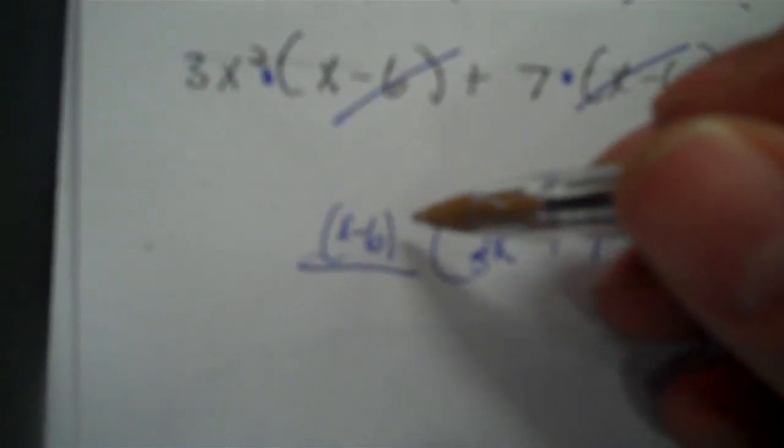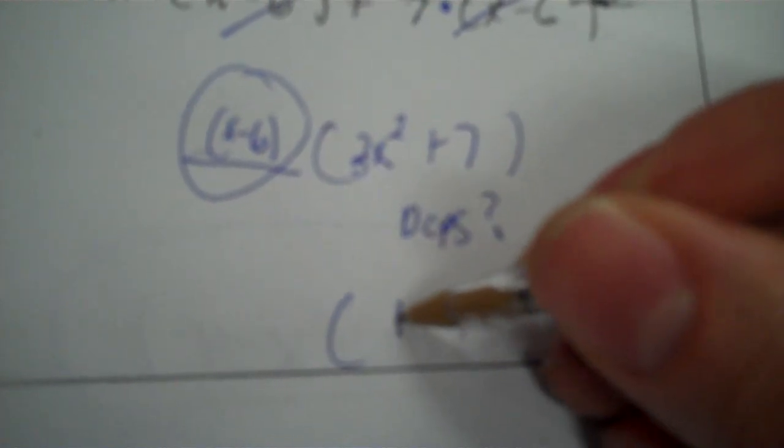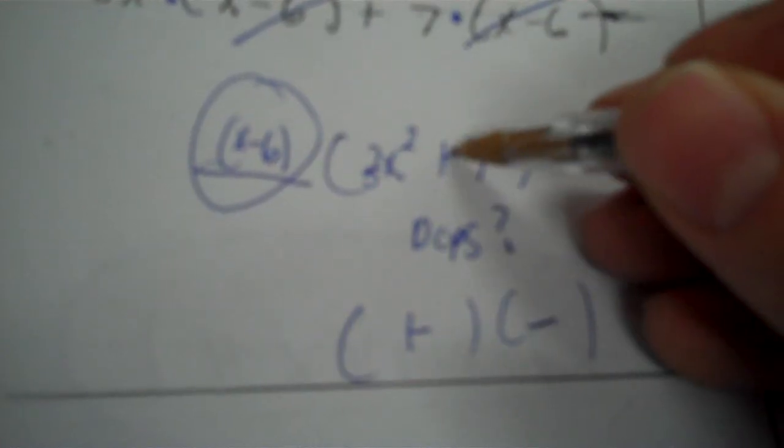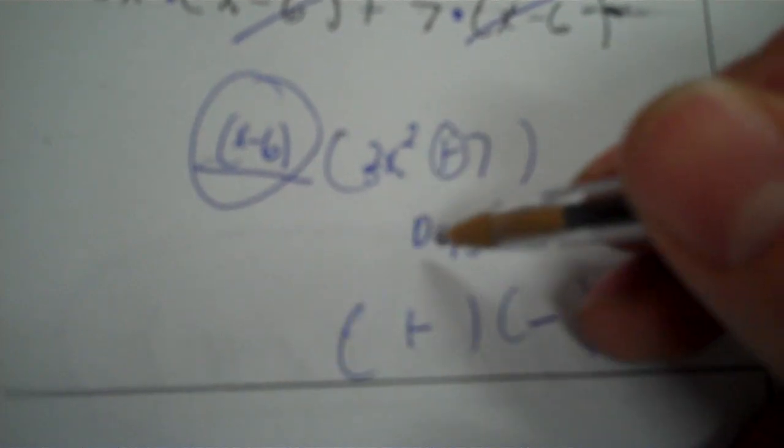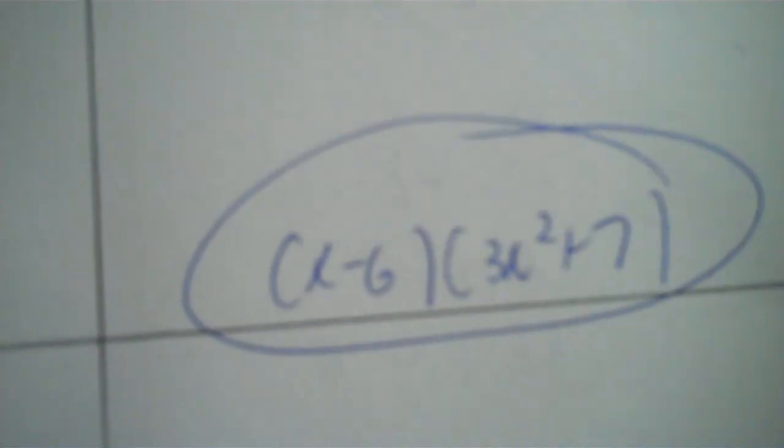The one that doesn't have the second power, you just bring it over here. The one with the second power, you see if that's a difference of perfect squares, question mark: plus, minus. You have a plus, so you know it's not, so put no. Now you just put the 3x squared plus 7 right alongside it.